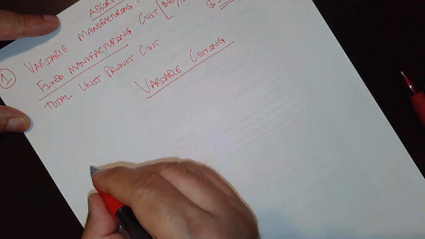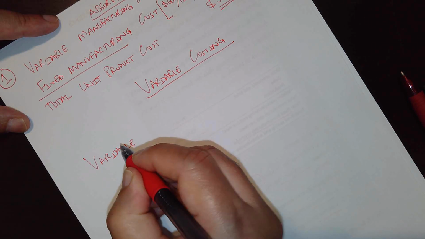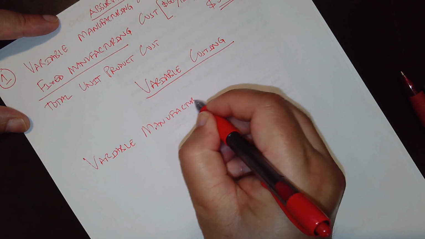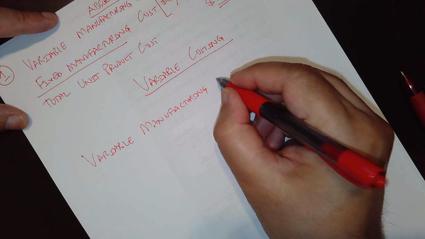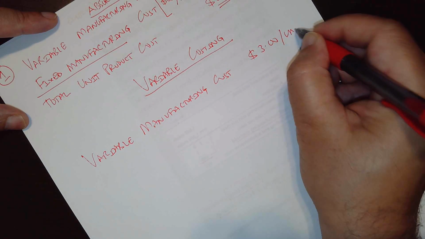Under variable costing, our variable manufacturing cost is given to us as $3 per unit.